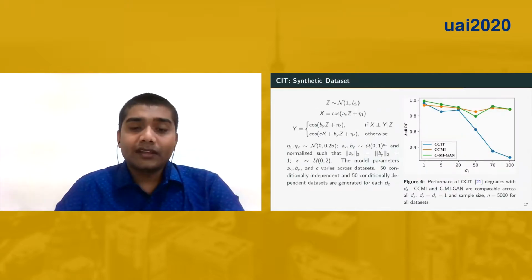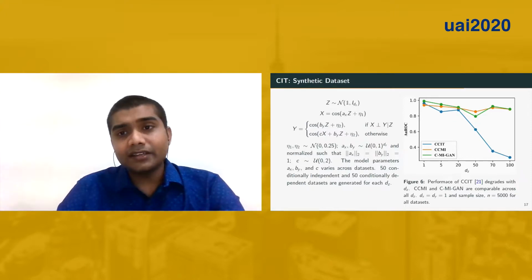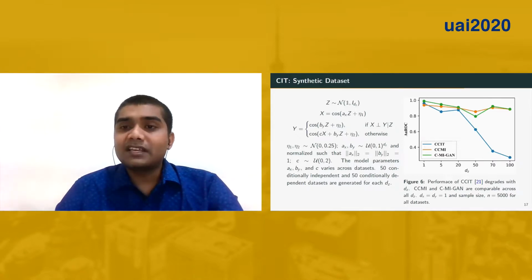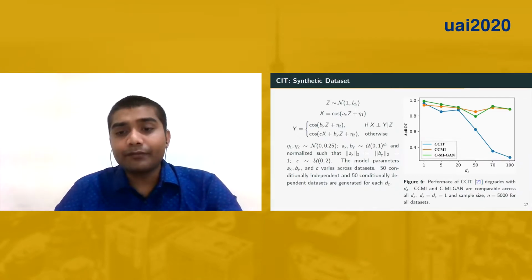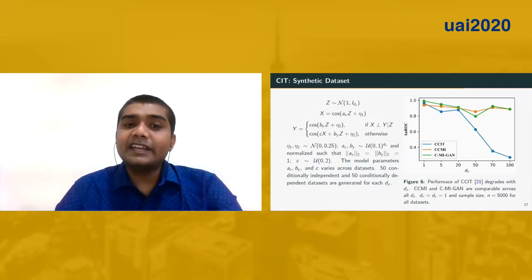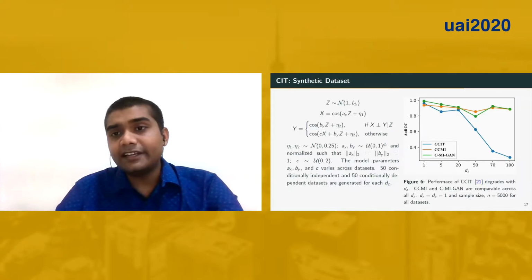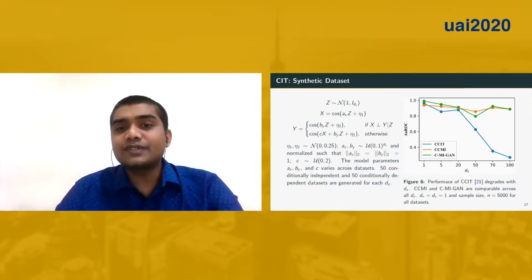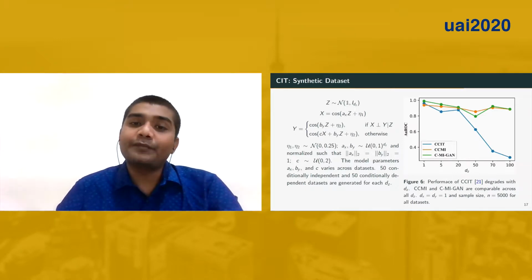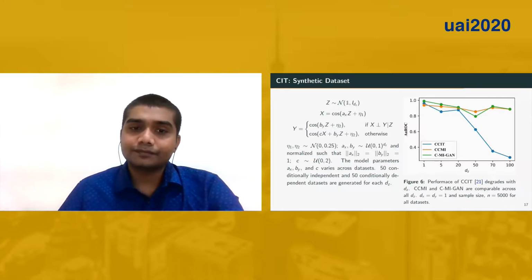Finally, we consider conditional independence testing as an application of CMI estimation. Here we cast the problem as a binary classification problem between conditionally independent class and conditionally dependent class. And we use area under the ROC curve as a metric for comparing the performance.